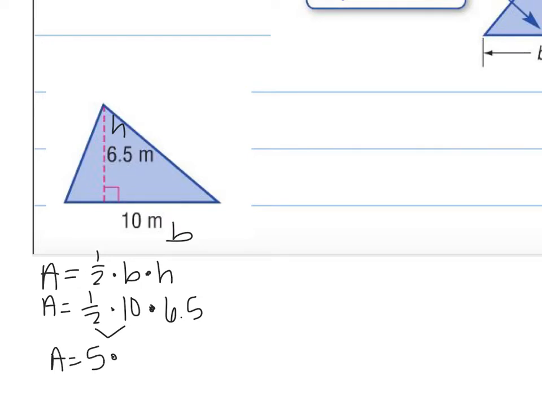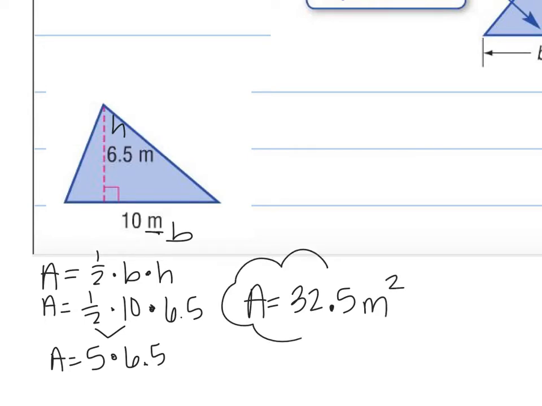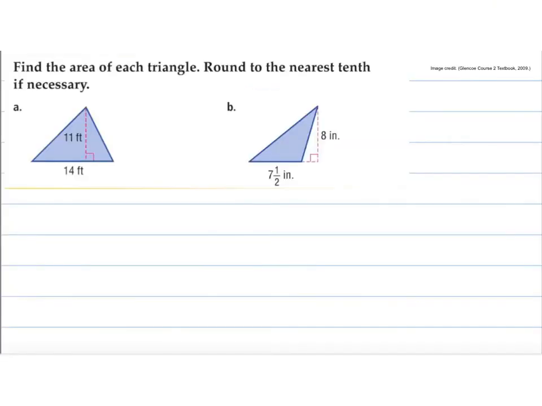So I can simplify this into 5 times 6.5. And then I'm going to put this in my calculator. 5 times 6.5 is 32.5. And I look at what the units are, which is meters. And then it's going to be meters squared. So 32.5 meters squared.